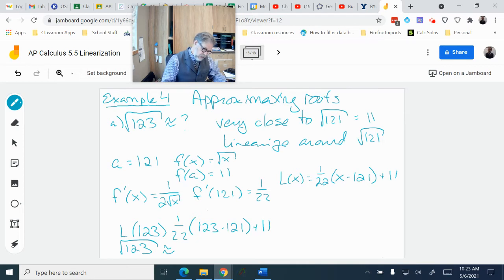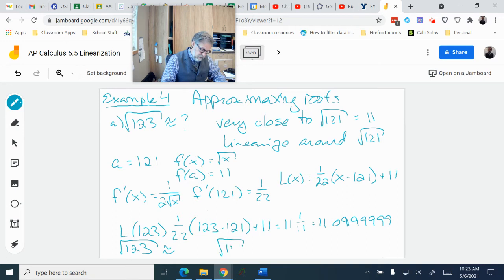Well, that's 2/22, which is 1/11th, so 11 and 1/11th, which is 11.09 recurring. 11.01, of course, would be 11 and 1/11th.